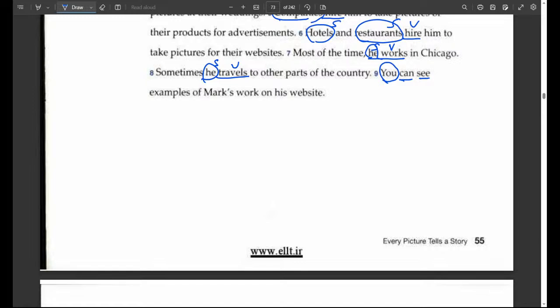In the sentence, you can see examples of Mark's work on his website. Which is the subject and which is the verb?